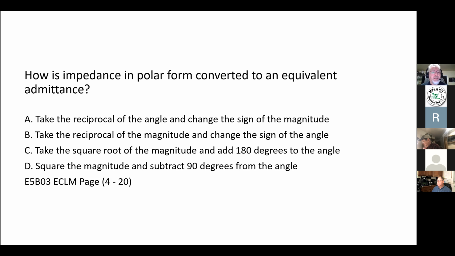Or D, square the magnitude and subtract 90 degrees from the angle. The answer in this one is B. Changing impedance to admittance, you take the reciprocal of the magnitude and change the sign of the angle. That's on 422.